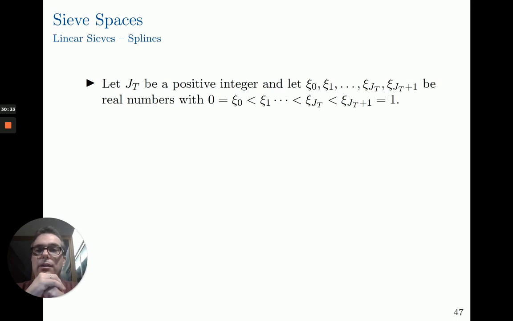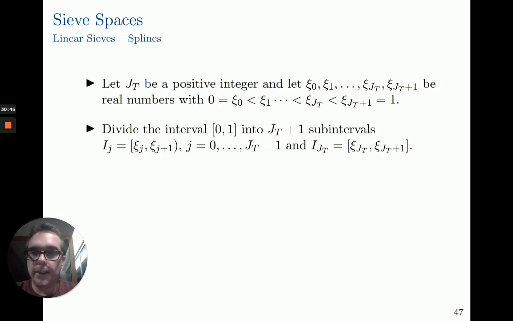They are real numbers. Okay, sorry, J is a positive integer, xi are real numbers. They are between 0 and 1. Okay, and we are ordering these numbers. Okay, and we are dividing the 0, 1 interval. That's the support of our function. That's the domain of X.